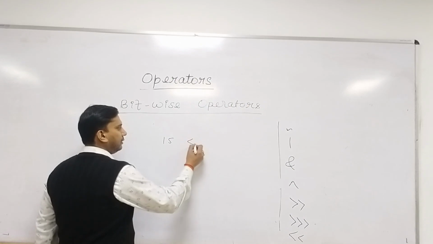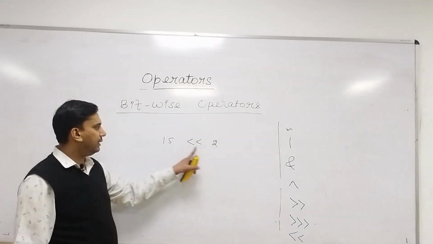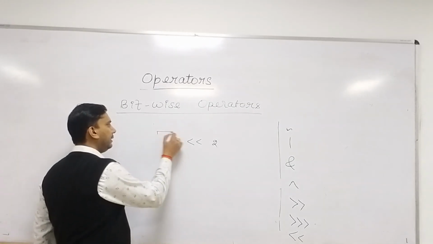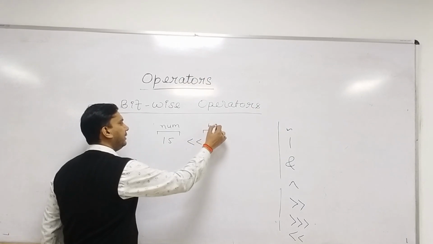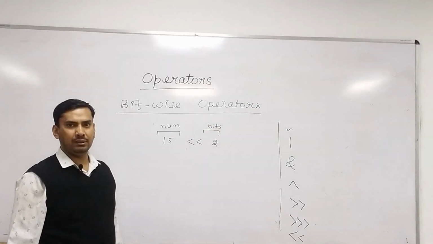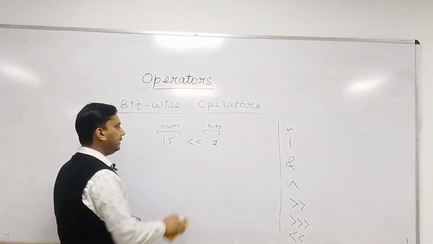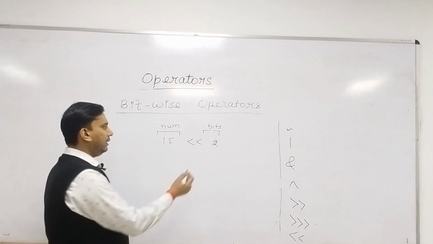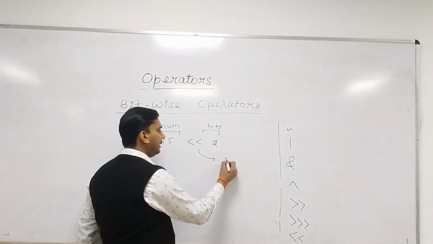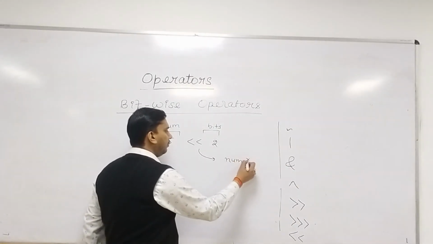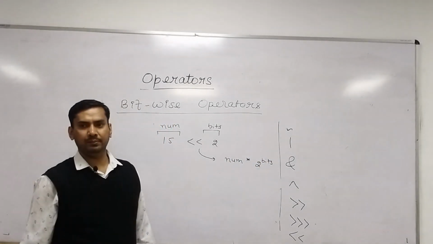Let's say I am writing here 15 left shift by 2. So this is the number that has to be shifted, and this is the number of bits by which you have to shift. So what is the result? Without calculation also you can find the result. The left shift operator simply says that the number will be multiplied by 2 raised to the power of the number of bits.